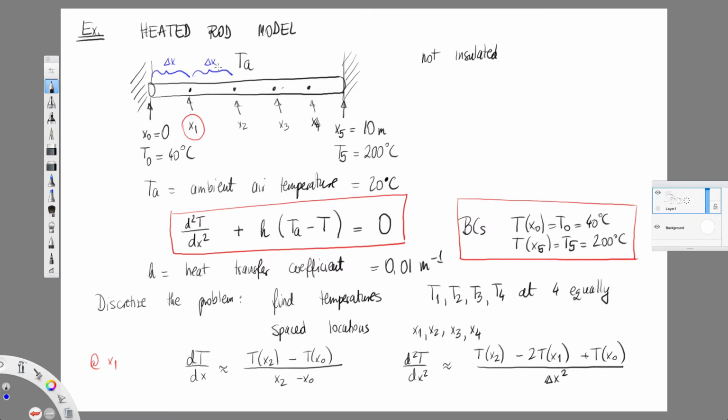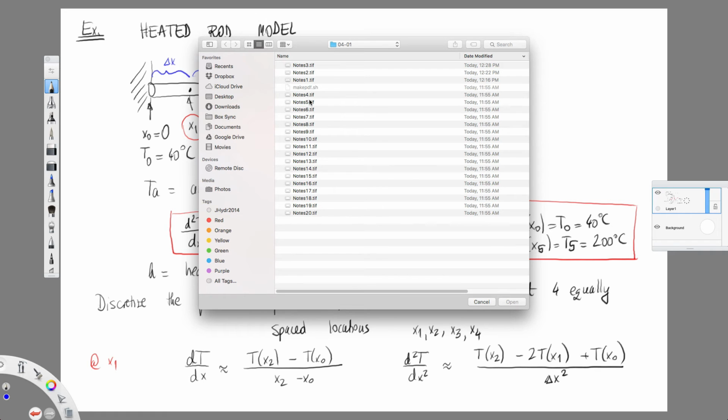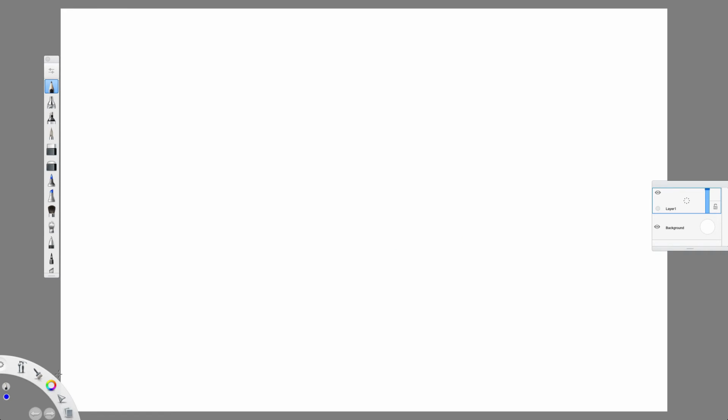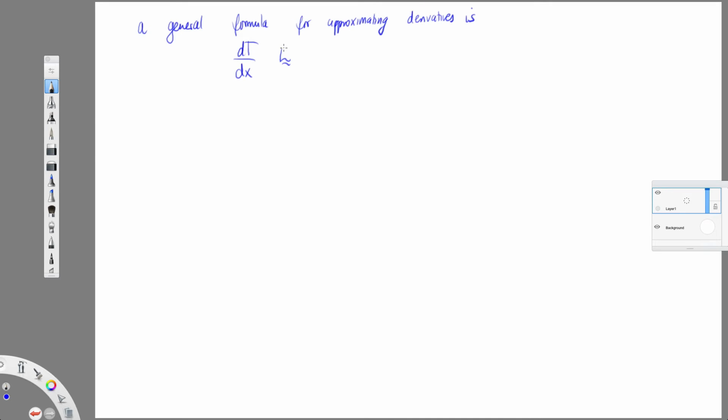Okay. So this is valid at x1. A more general formula for approximating derivatives: dT/dx can be approximated as T of x plus delta x minus T of x minus delta x divided by 2 delta x.